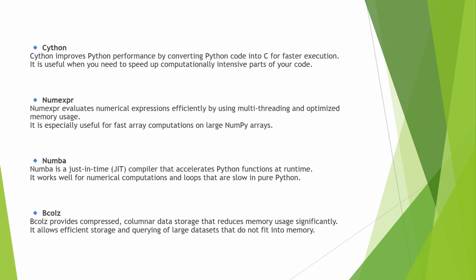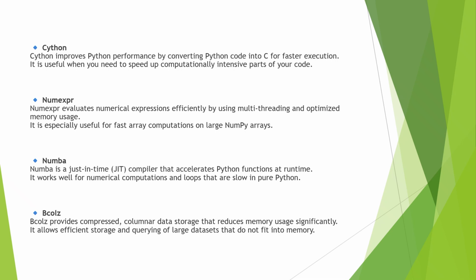Advanced tools are available to improve performance when working with large datasets in Python. Cython enhances execution speed by converting Python code into C, making it particularly useful for computationally intensive tasks where pure Python may be slow.